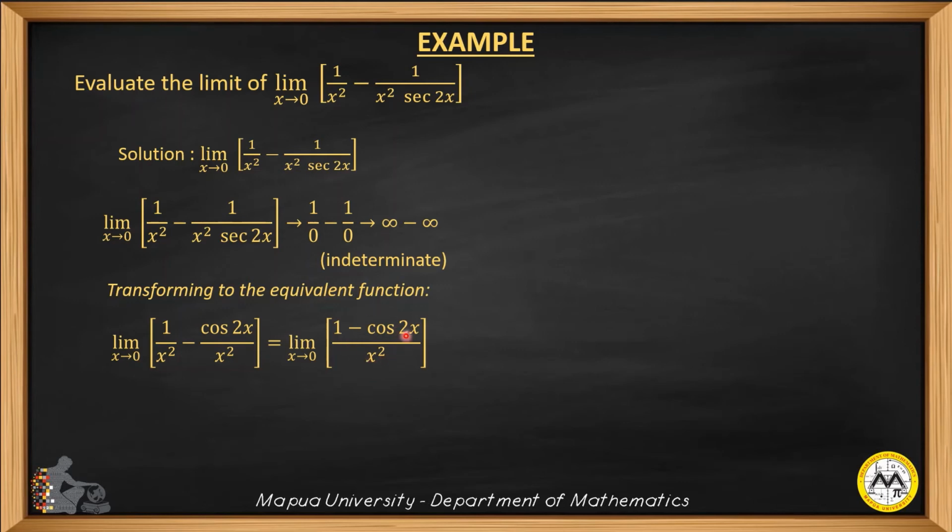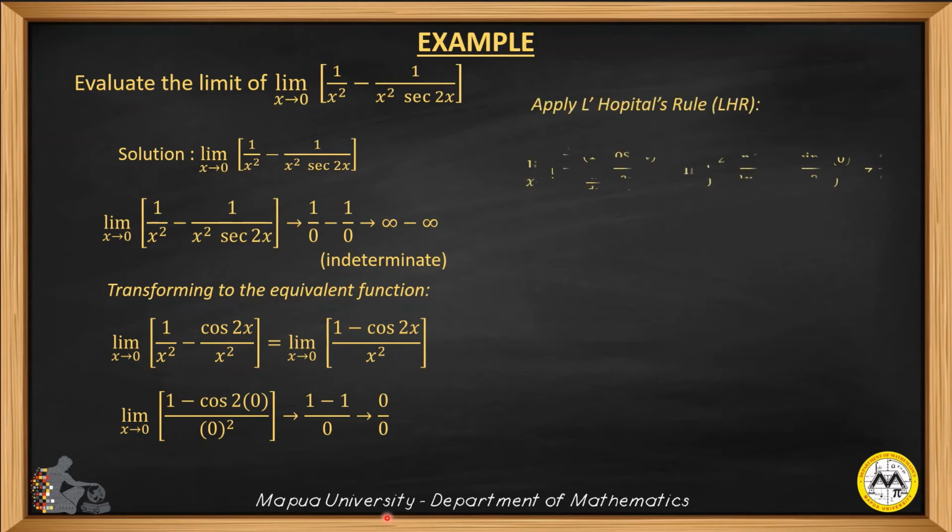Now, trying to evaluate the limit as x approaches 0, the limit would be of the 0 divided by 0 form. Because this is now of the 0 over 0 form, we can make use of L'Hopital's rule to evaluate the limit.